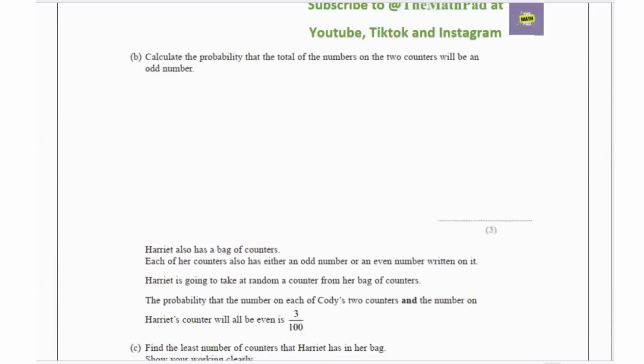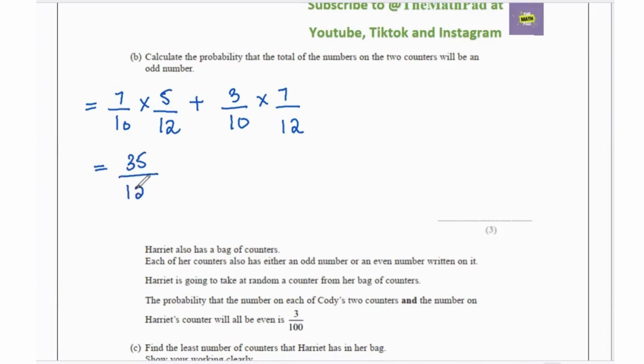we'll do 7 over 10, which is the probability of getting an odd number from A, times 5 over 12, which is the probability of getting an even in B, or 3 over 10, the probability of getting an even in A, times 7 over 12, which is the probability of getting an odd in B. So that's 35 over 120 plus 21 over 120, which is going to be 56 over 120.